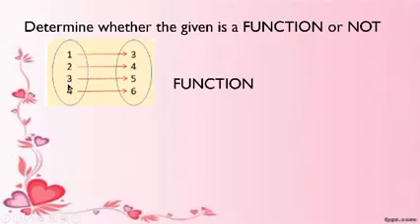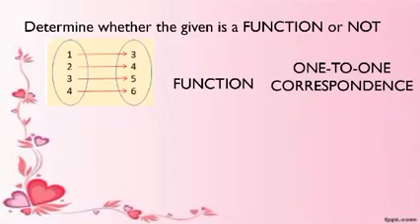Hindi na doble yung value ng x or ng domain. And this kind of pairing is called one-to-one correspondence. Ibig sabihin, isa para sa isa. Ayan. Isang value ng x para sa isang value ng y. Tagi-isa sila ng partner. Walang na doble.